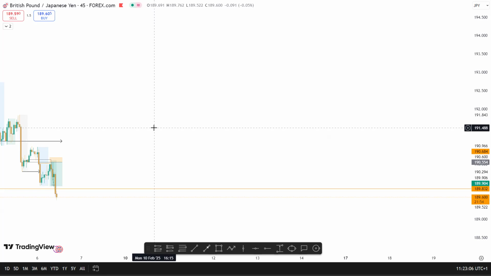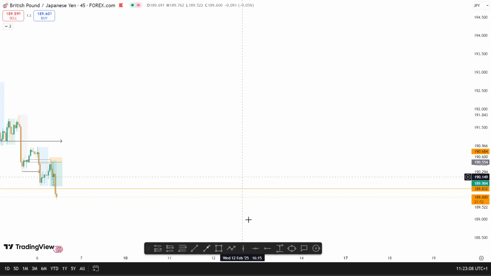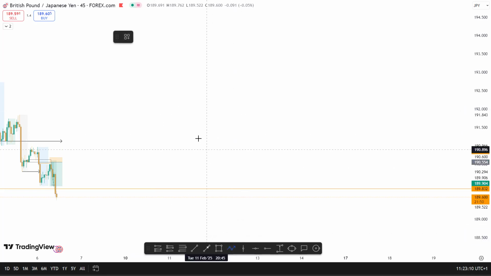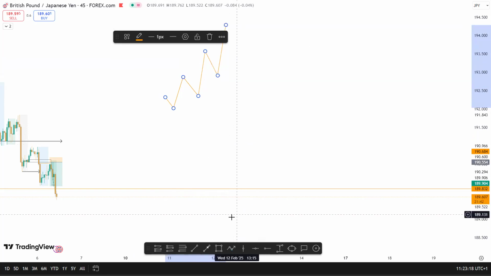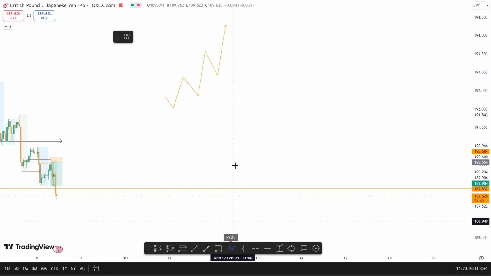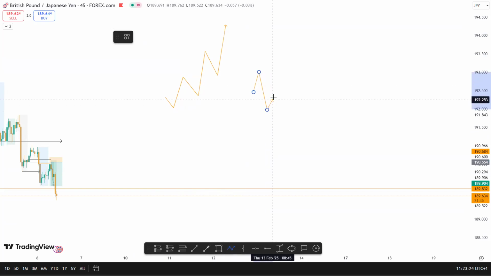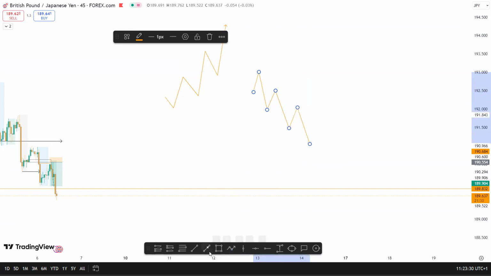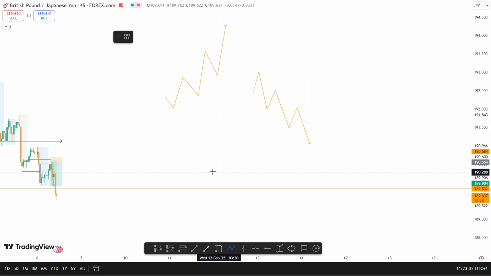So there are types of market structure, which is uptrend market structure, and there is downtrend, and then there is consolidating market structure, which you need to stay out of.